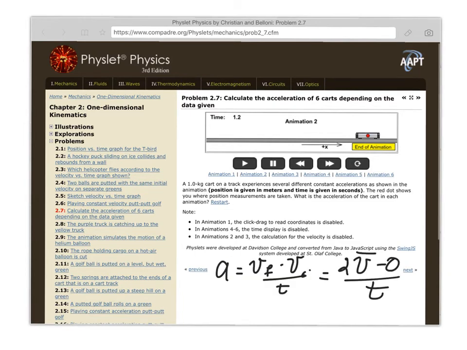There's one way: acceleration equals V final minus V initial over t. The V initial is 0 because we started out slow, so it looked like it was 0. V final is twice V average, divided by the time it takes to get from the initial to the final. Be careful about the time. That's 1.2 seconds here. That will give you the answer.